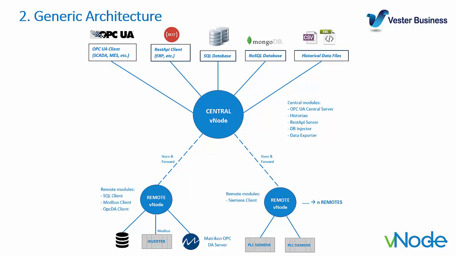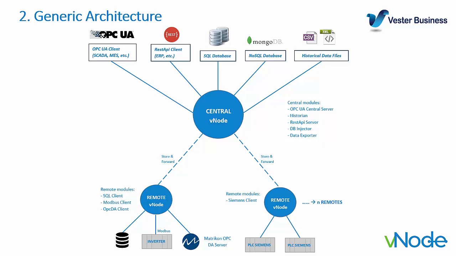This is a generic architecture, the typical architecture that you can create with vNode. You can have remote modules, each remote module with one or many modules collecting data. For example, on the left side we have the SQL Client module collecting data from a database, from an inverter we have a Modbus module, and from an OPC UA server we have an OPC UA Client module.